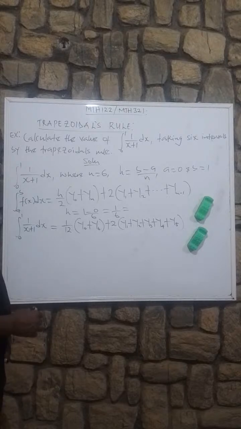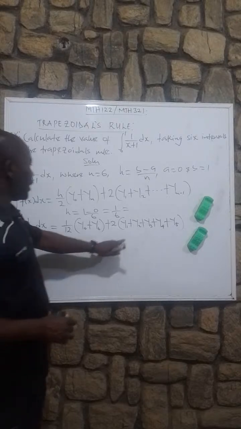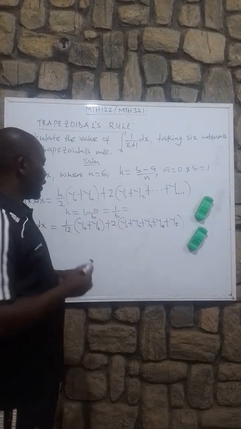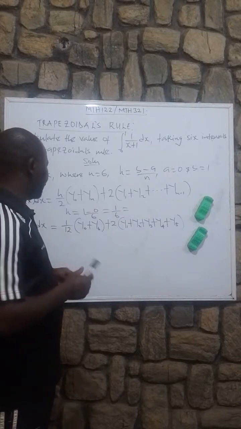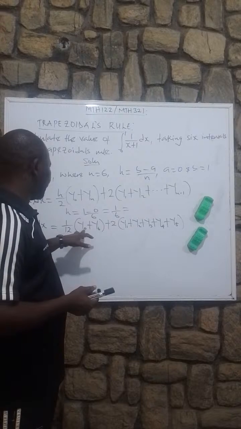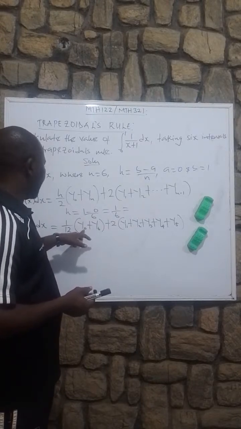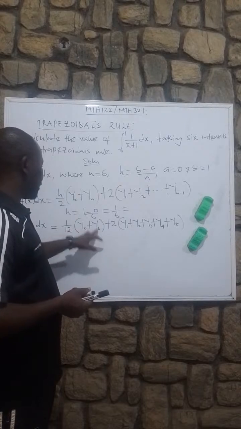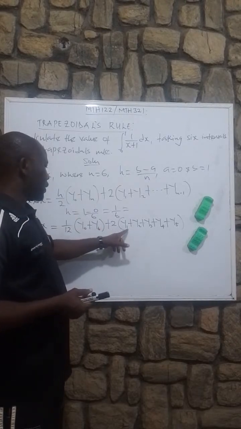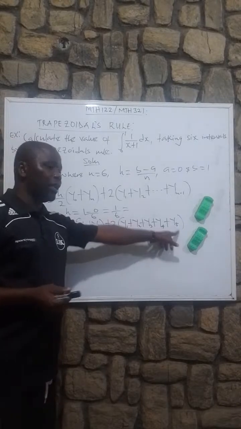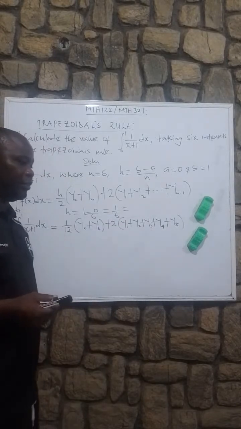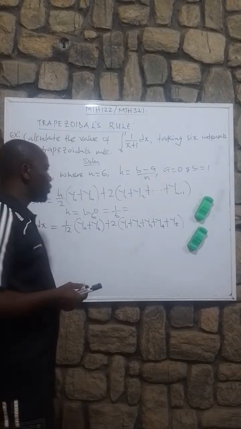So now we have to consider how we can obtain our y0, y1, y2 up to y6. It is as simple as ABC. Is that clear? Yeah.